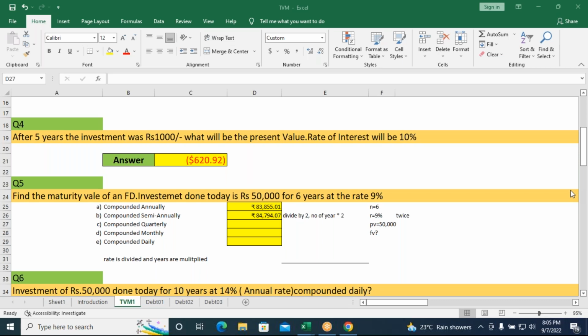Aditi, present, ma'am. Triveda, present, ma'am.